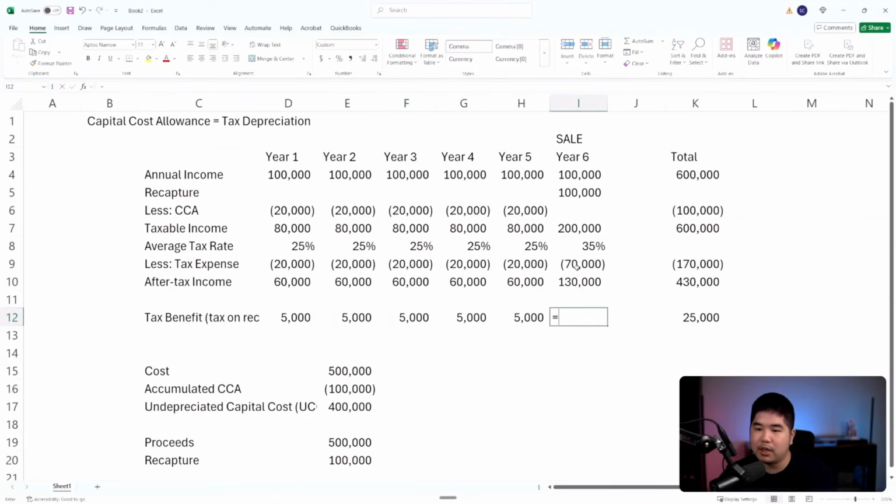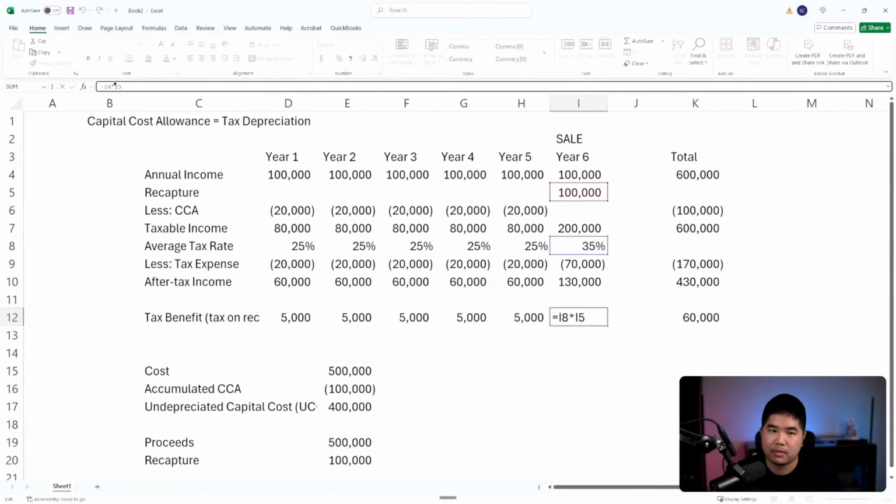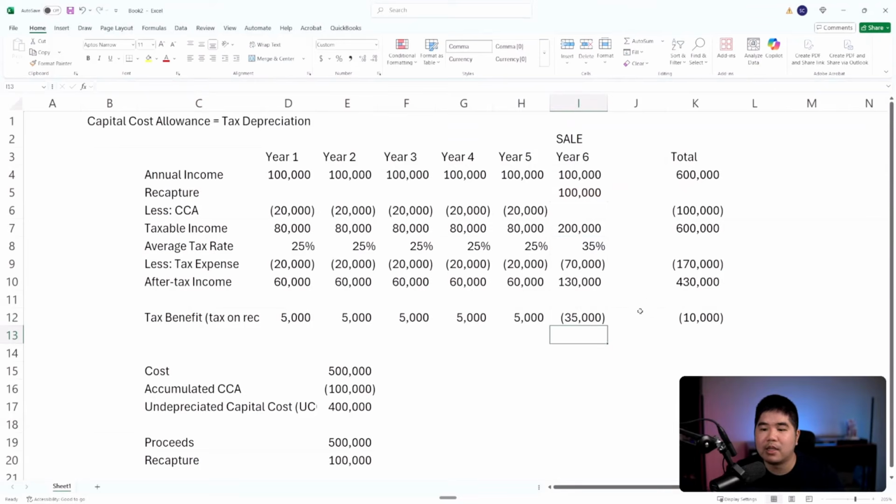Well, let's do the same thing. 35% times $100,000. And as you can see, we are actually worse off by $10,000, even though we claimed $100,000 in CCA, and then we included $100,000 of recapture. This netted to zero, but our tax netted to negative $10,000.